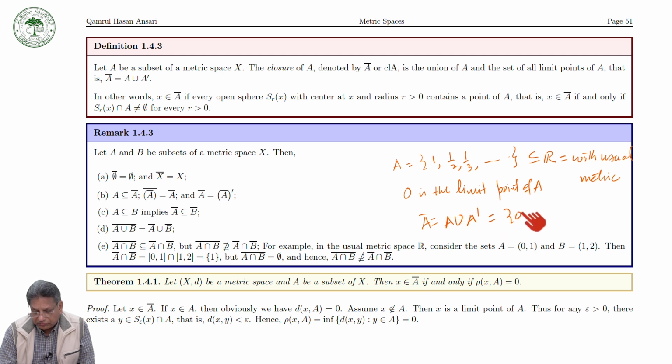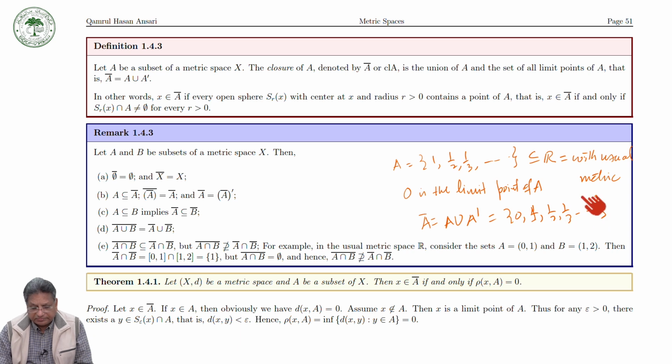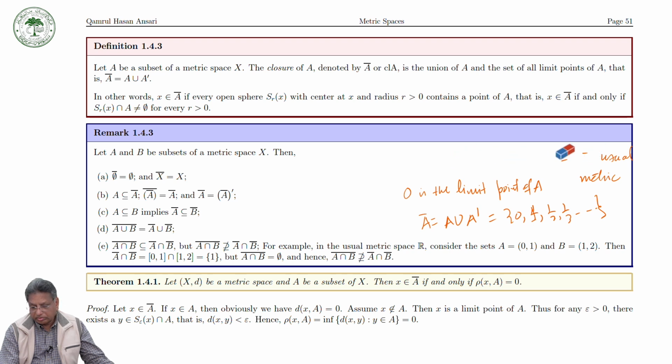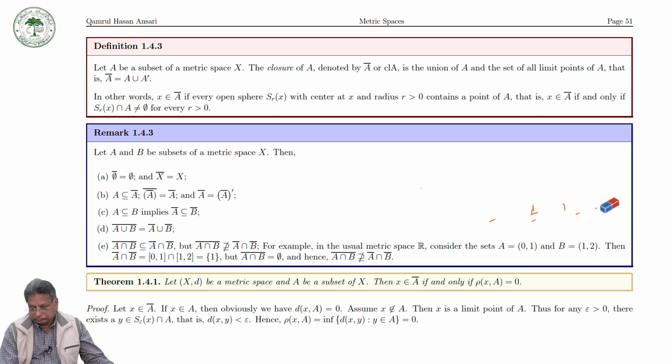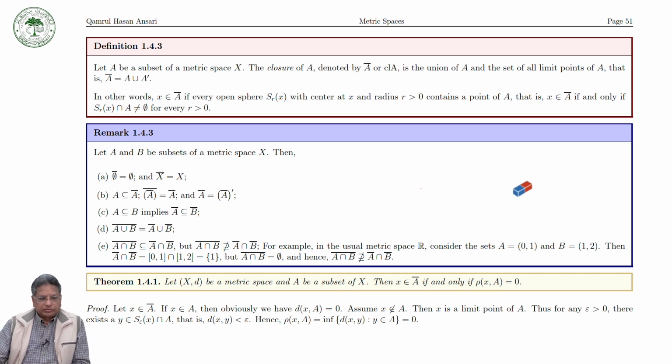It means that it is 0, 1, 1/2, 1/3 and so on. This is the closure of A. This way we can define the closure of a set.